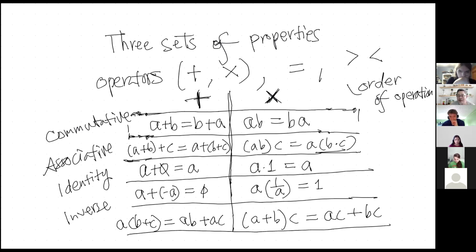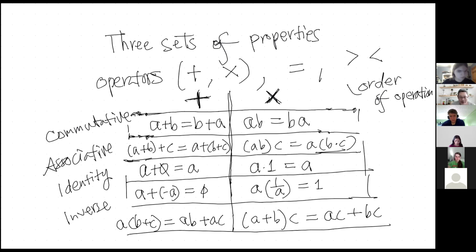Distributive. Yes, it's called the distributive property. That's basically what we have as far as operators, add and multiply. So this rule tells us what we mean when we say add something or multiply something.